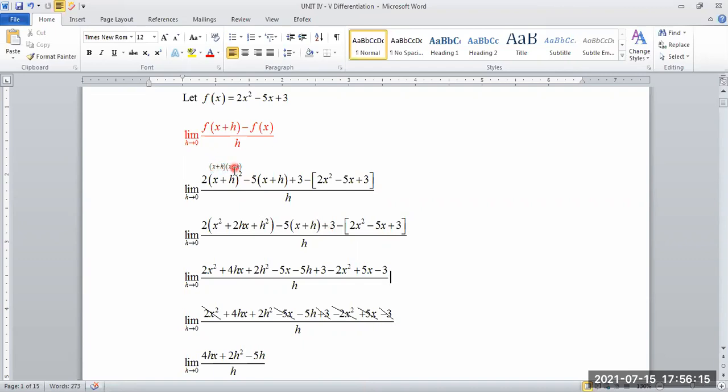Everybody remember that? X plus h all squared is the same thing as x plus h times x plus h. Now watch me. This is going to be x times x is x squared, x times h is xh, and h times x is the same xh, and xh plus xh is 2hx or 2xh, same difference.